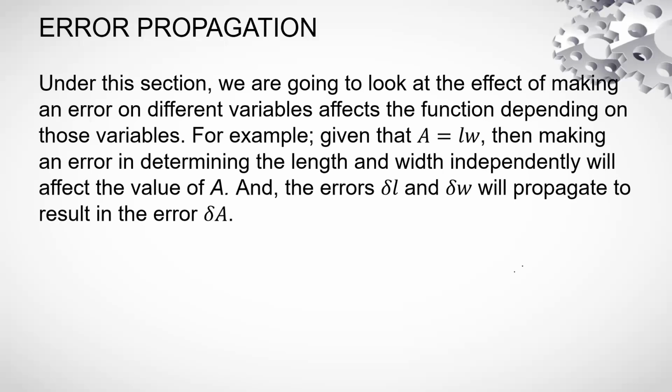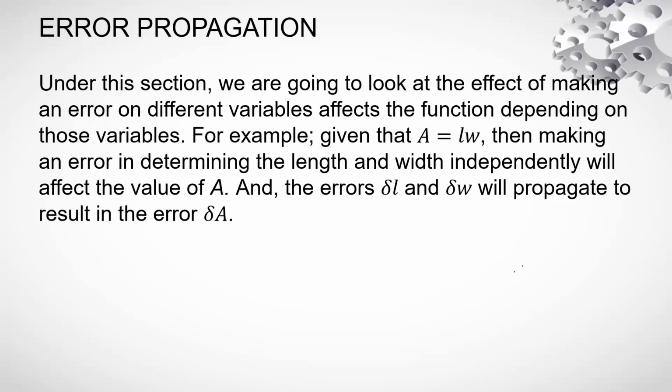But since there doesn't even exist an instrument to measure area directly, you use the parameters. Let's say for a cylinder, you measure the radius of the cross section and the length of the cylinder. Then for a rectangular field, you measure the length and width, and then multiply to get the area, and so on. But in obtaining those different parameters, you are going to make errors, and those errors are going to mount up to an error in the function that depends on those variables.